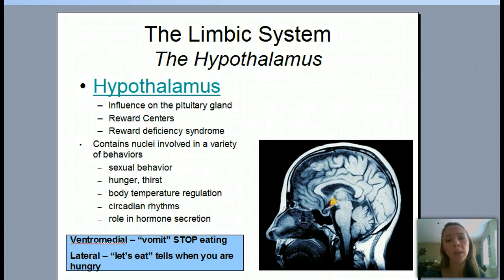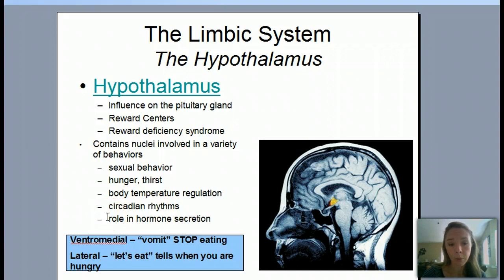But my hypothalamus also has to do with the reward center. It contains a couple different nuclei, which is like a cluster of neurons within the hypothalamus that control things like sexual behavior, hunger and thirst, regulating my body temperature, circadian rhythms, talking about when you fall asleep and when you wake up, and then hormone secretion having to do with the pituitary gland.